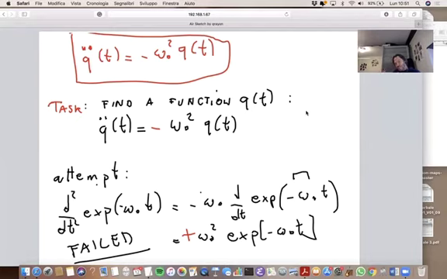We failed because we pulled down something squared, and when we have this something squared, we get a positive sign. We would like this something squared to have a negative sign. But it's clear how things should go, because I know something that squared gives me a negative sign: the imaginary unit i. So let's do a second attempt.